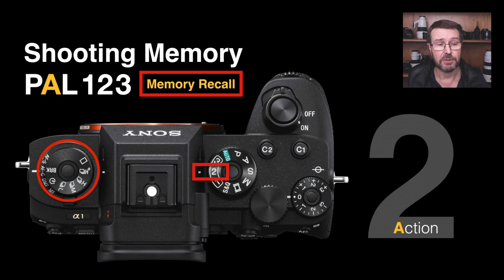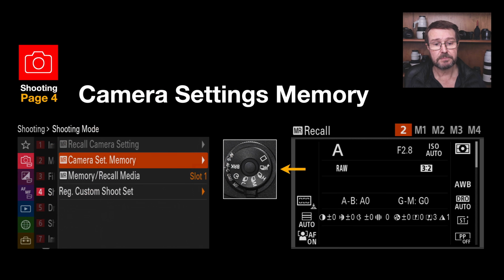So let's move forward here. If I've set up all of the memories, simply what I would do is turn that shoot mode dial to number 2. Just look on the top left to make sure that I've got my focus mode, continuous autofocus set, AFC, and also my preferred drive mode, my preferred frames per second, whether it be low, medium, high, or high plus.